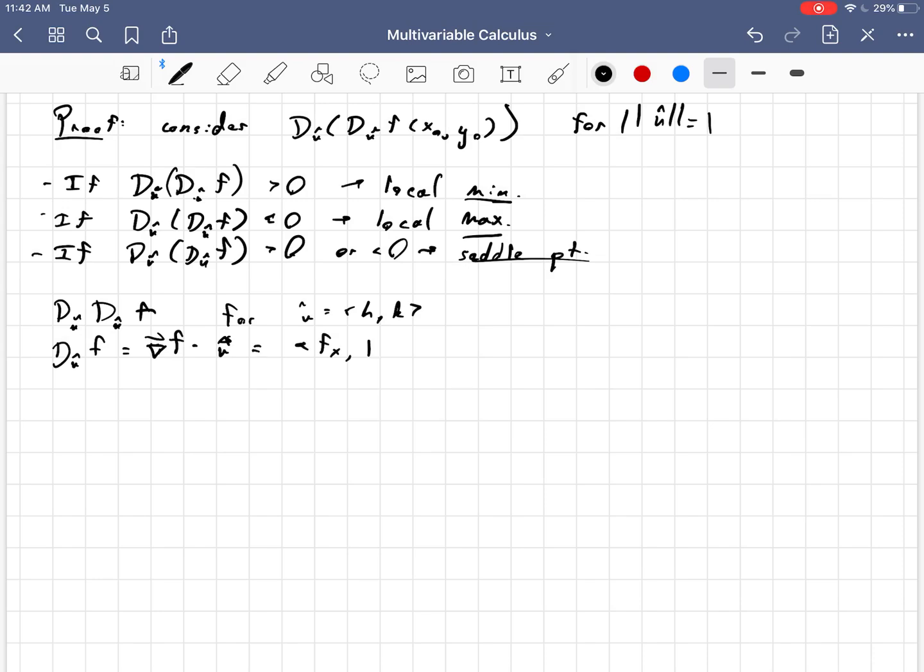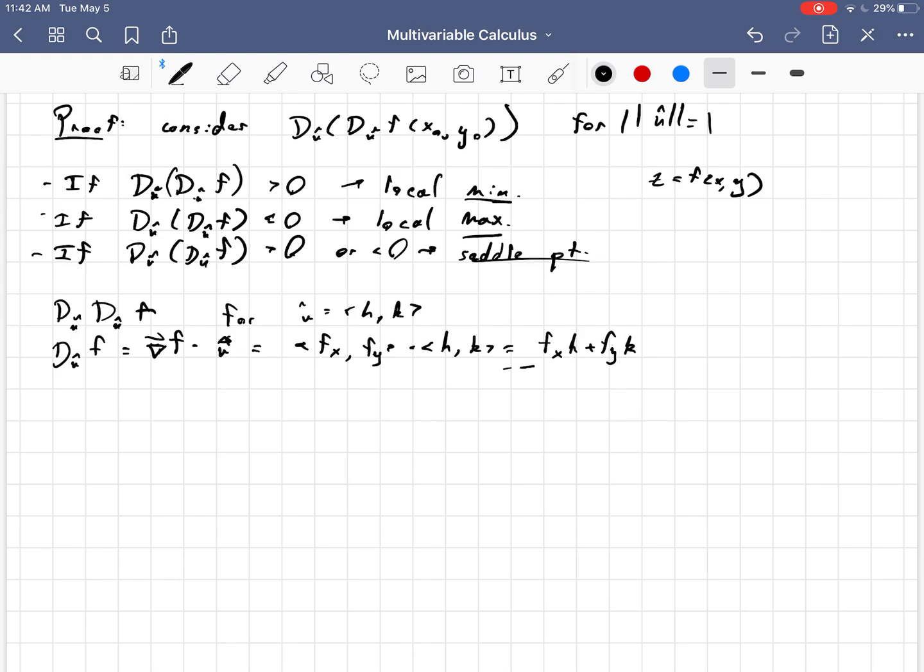So that gives us the vector f sub x, f sub y, if we're dealing with functions with two independent variables, in other words, of the form z equals f of x, y, dotted with our unit vector, which is h comma k. And so, by the definition of the dot product, we get f sub x h plus f sub y k.